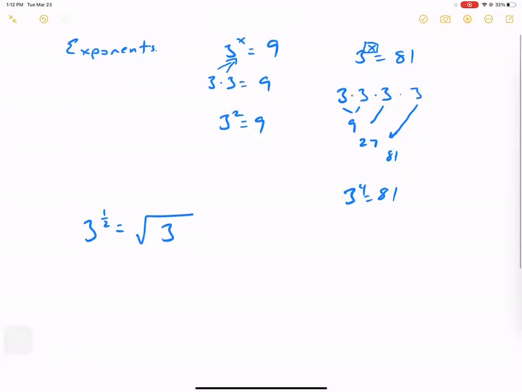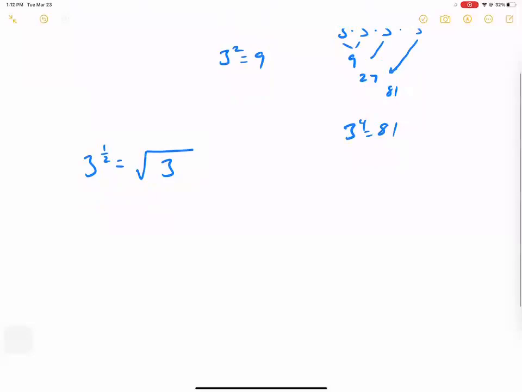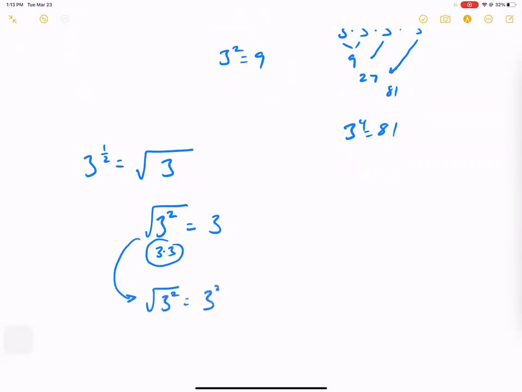Well, let me give you an example. What if I had 2 3's here? The square root of 3 squared is, because we have 2 3's, that's just 3. But let me show you this in exponent form. If I wrote this instead as 3 squared to the 1/2 power, right? How do we know this?